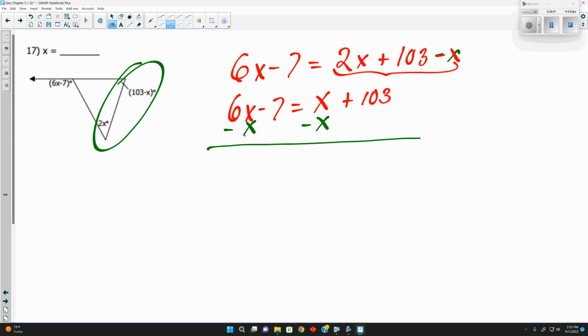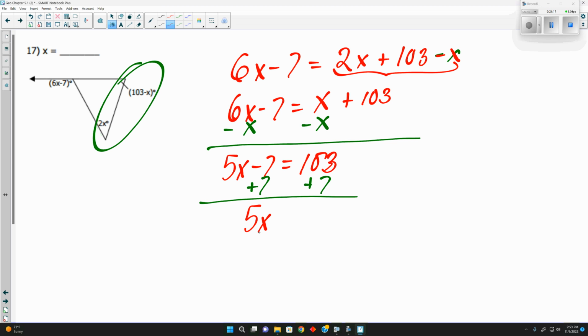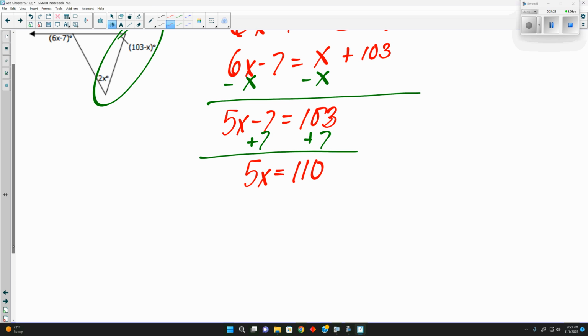So 6x minus x is 5x minus 7 is equal to 103. So we can add 7, which will tell us that 5x is equal to 110, because we're trying to get the variables on one side and the numbers on the other.